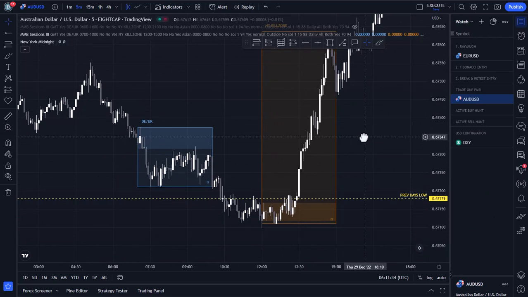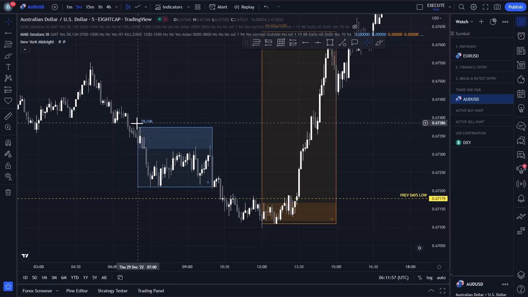The first one has to do with the opening price range, and the second has to do with price at the previous day's highs and lows. Sometimes they work together to give a confluence, as we will see later in this particular instance. All right, so let's dive in.